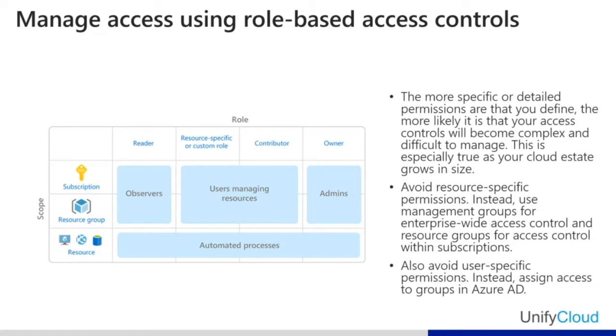So if a person is required just to manage a VM, then they get permission only on the VM, nothing else. Or if a person's job is just to collect costing data, then you can give them the costing data. So always follow that principle of least privilege. And in case they need more access because they are not able to do their work, they will come back to you and ask for more permission. So start with the least privilege and then maybe add more privileges to them.